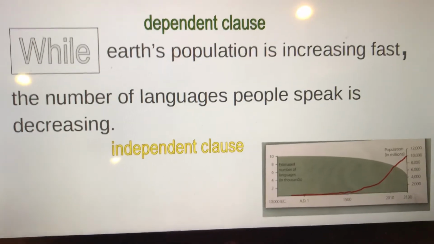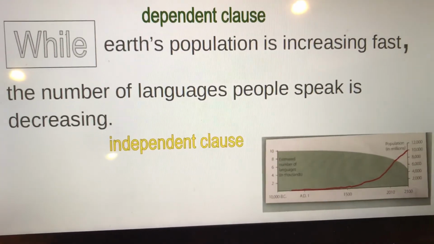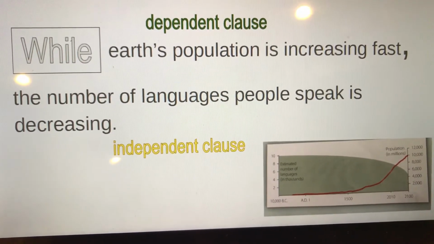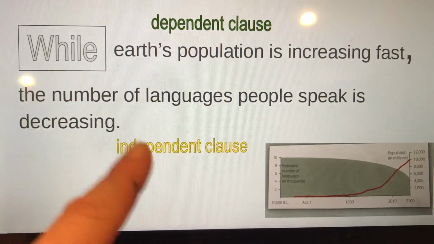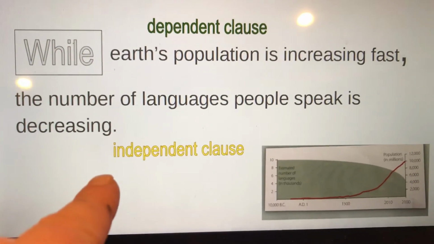So you see my period disappeared and is replaced with a comma. While Earth's population is increasing fast, comma, the number of languages people speak is decreasing. One capital letter, one period, one sentence, but I have two clauses.